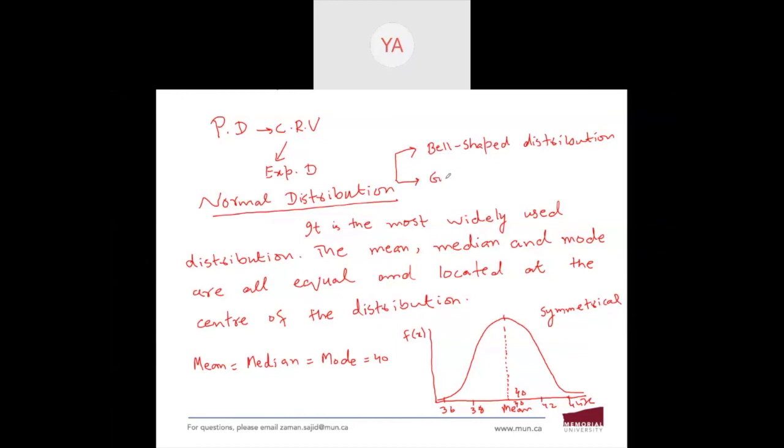It is called Gaussian distribution. So this is symmetrical. The mean, mode, and the median are equal. This is also called bell-shaped distribution or the Gaussian distribution.